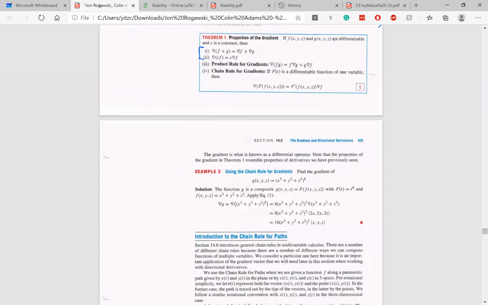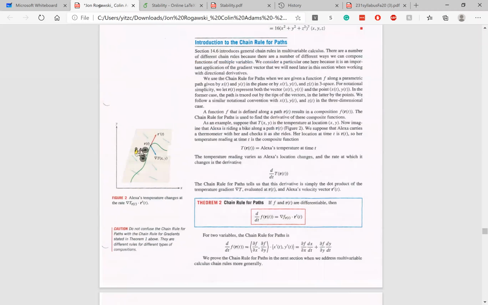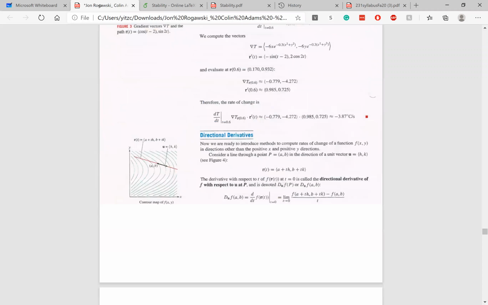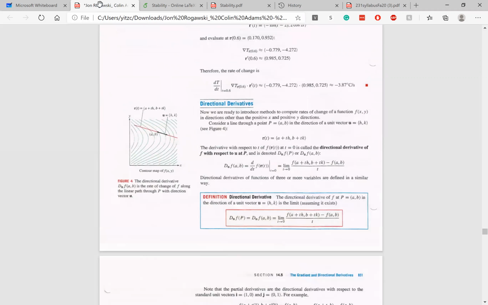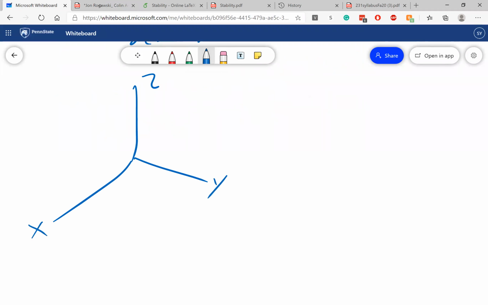And I'm going to skip this introduction to chain rule for paths. We're not going to talk about that. So directional derivatives. When we were talking about partial derivatives, we said that this is my x, this is my y, and this is my z, and I have some surface.